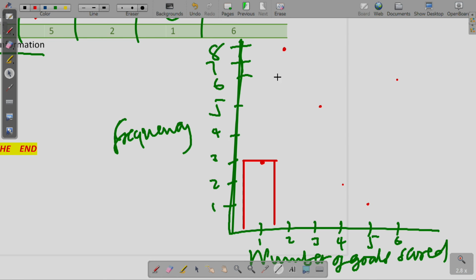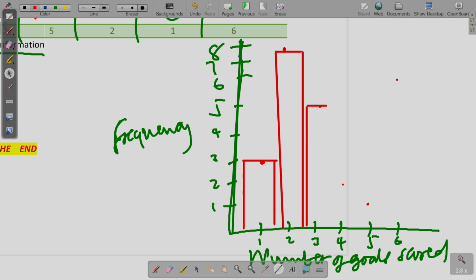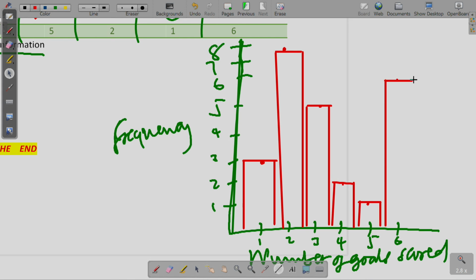And also for 8, and also for 3, and also here for 4, and for 5, and finally 6.